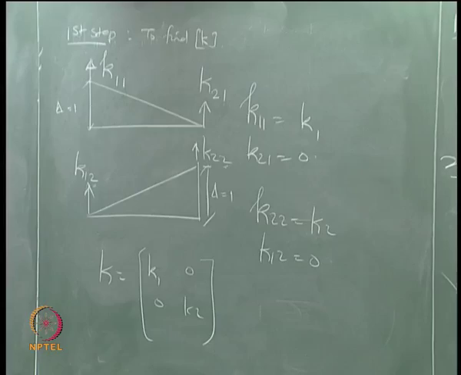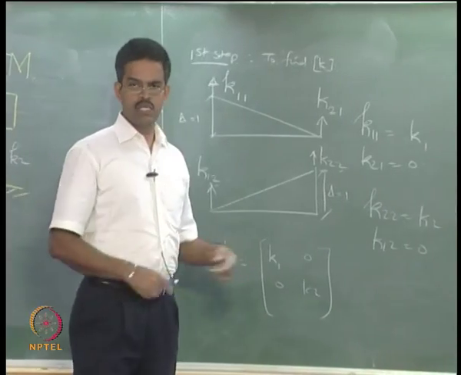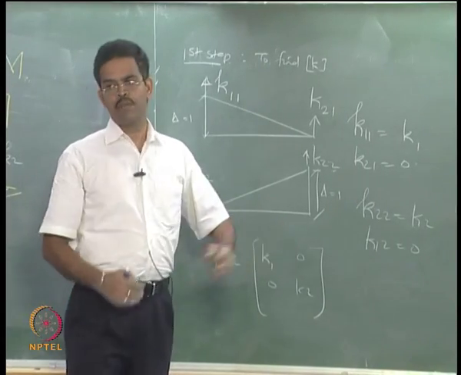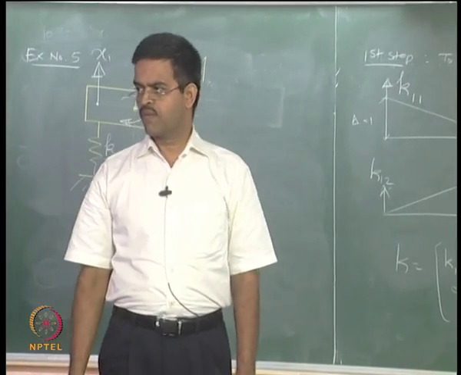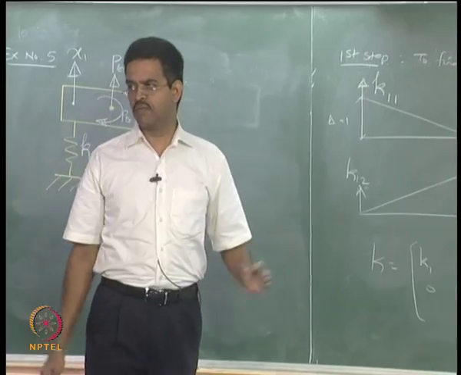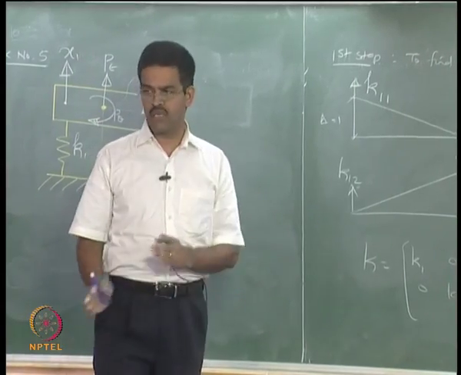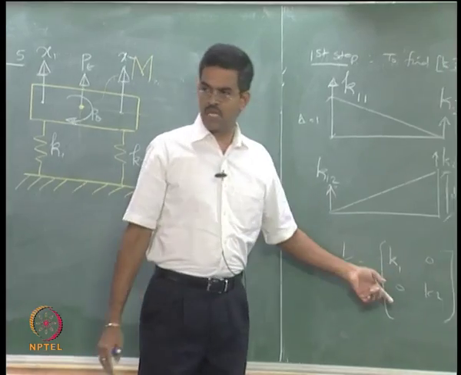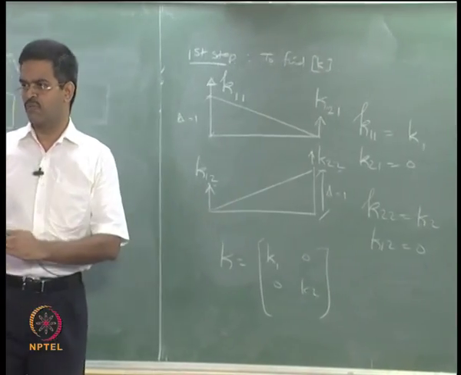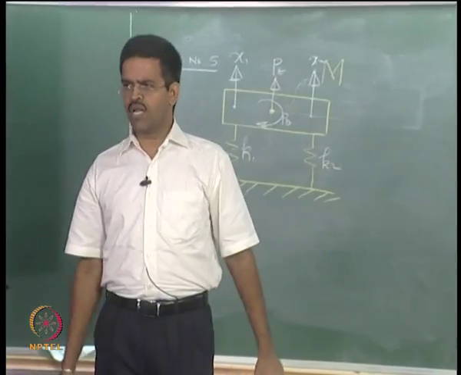Technically in dynamics literature people call this coupling and uncoupling of stiffness and mass matrices. We will come to that later, the application parts and the terminologies will come slightly later, but what you can interestingly see here is the stiffness matrix will become diagonal whereas the mass matrix will not become diagonal. If they become diagonal, what will happen?